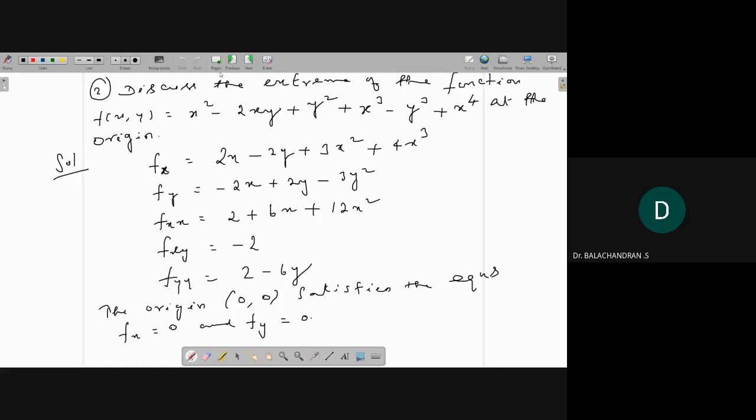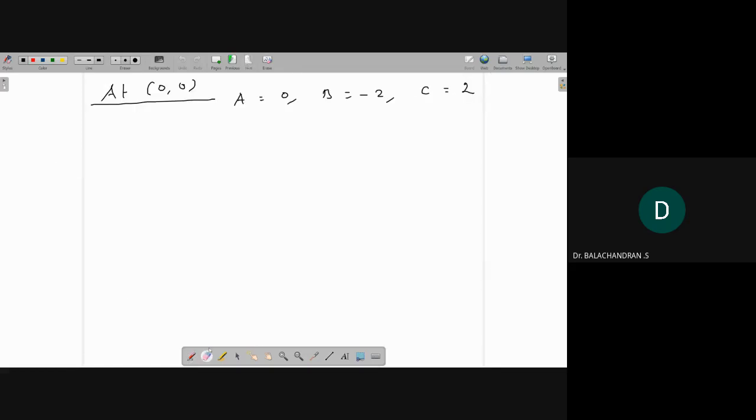Okay, 2, sorry. A is 2, B is −2, C is 2. So now delta is AC − B², that is 4 − 4 = 0. If delta equals 0, then what is the conclusion? Doubtful. The case is doubtful and further investigation is needed.